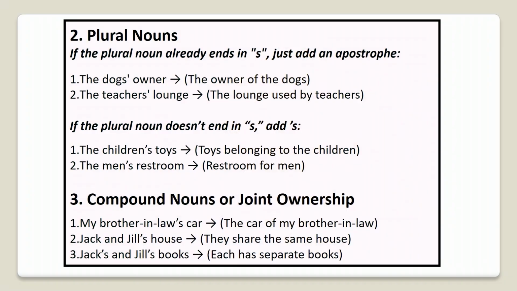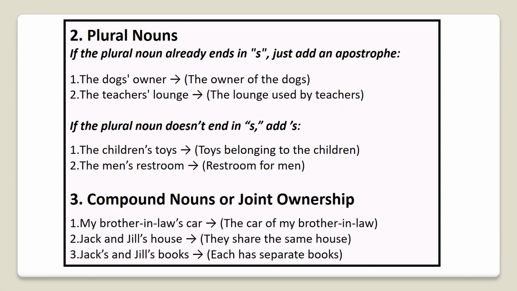Now we are coming to the next, that is compound noun or joint ownership. My brother-in-law's car. The car is of my brother-in-law, so we use apostrophe s. Jack and Jill's house. They share the same house, which means the house belongs to both.